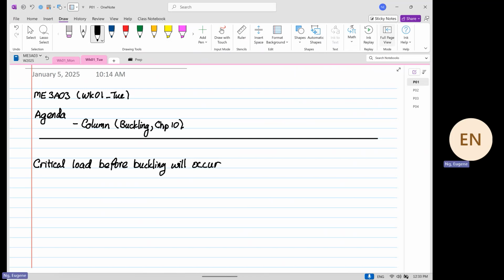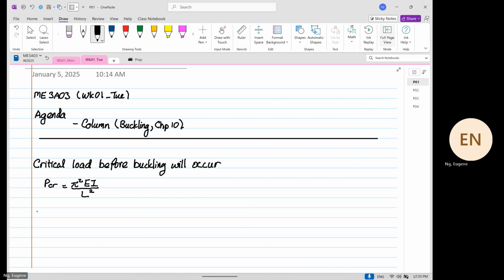The formula is such that the critical load is PCR, which is the critical load. I will define them later, which is equal to pi squared EI over L squared, I beg your pardon.